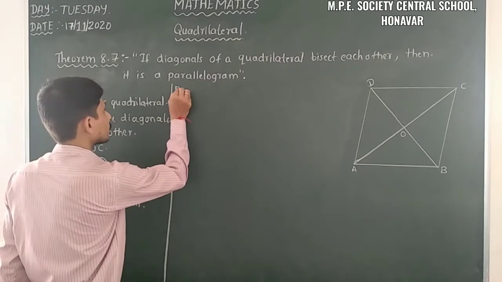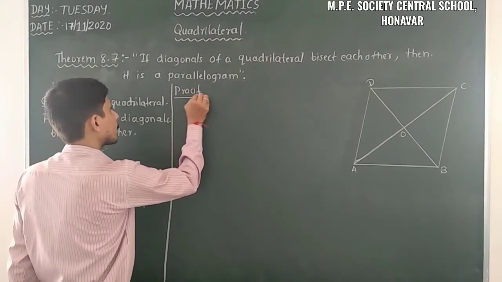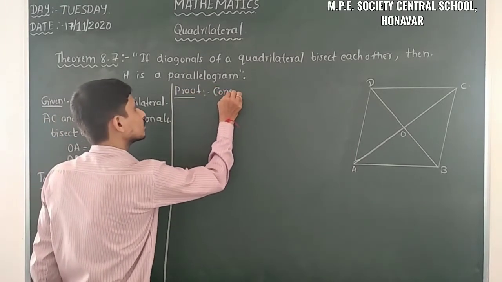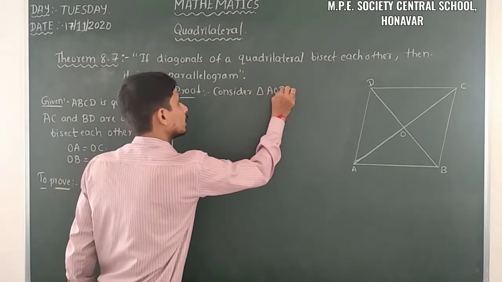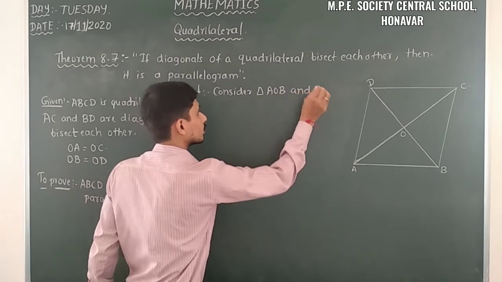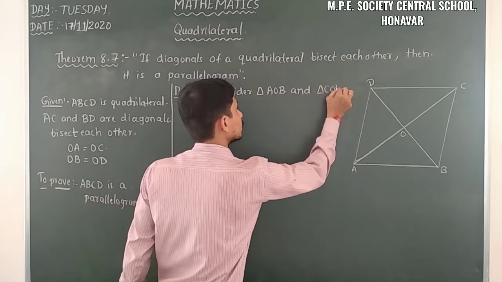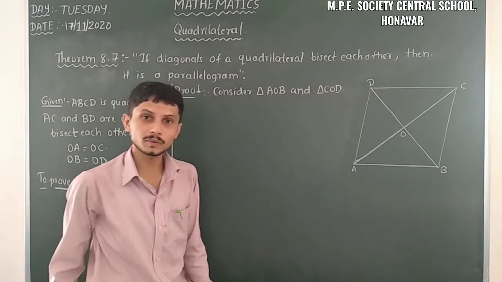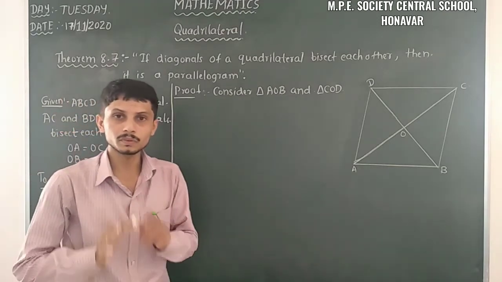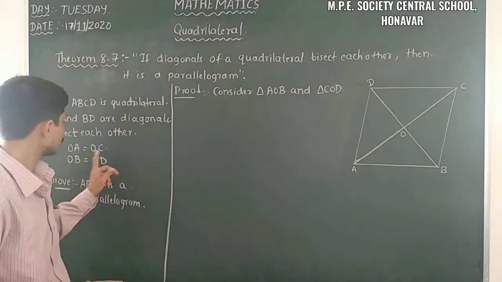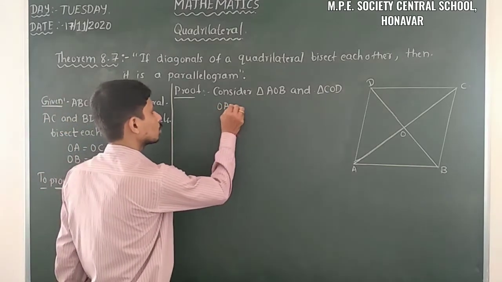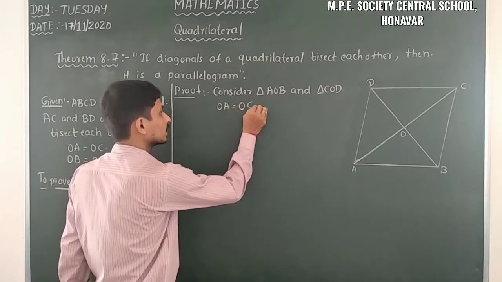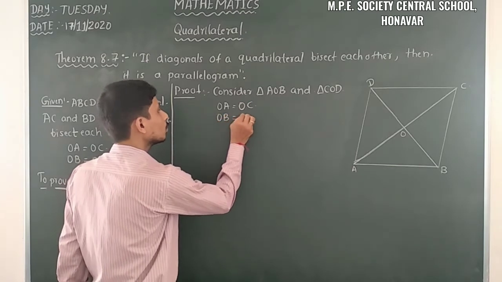Proof. Consider triangle AOB and triangle COD. In those two triangles, the corresponding parts that are equal are OA is equal to OC and OB is equal to OD.